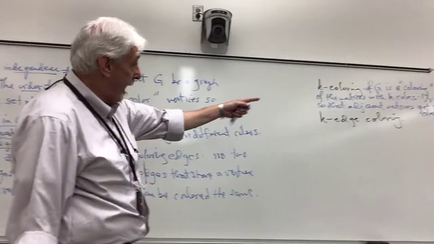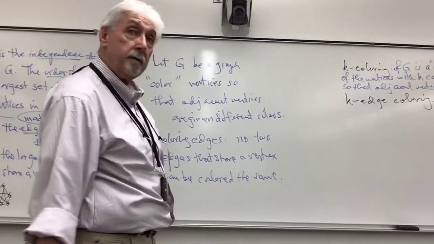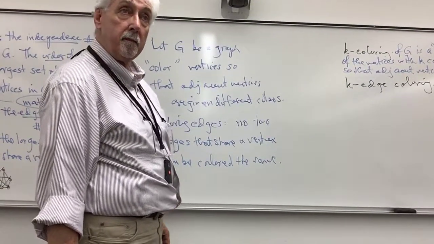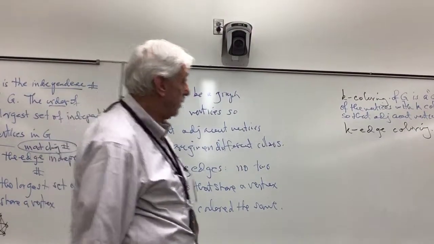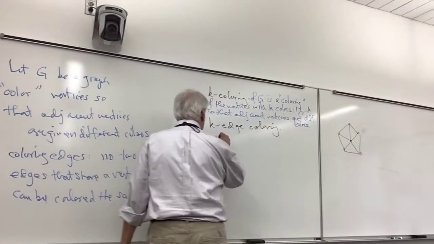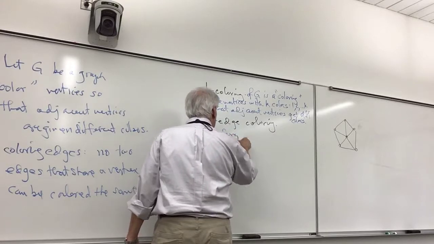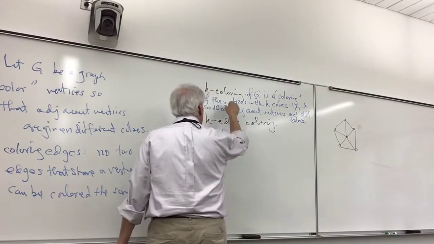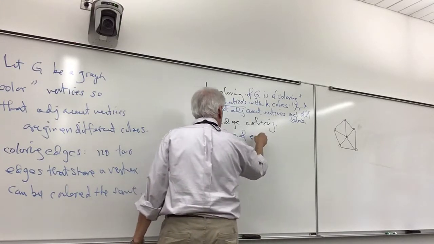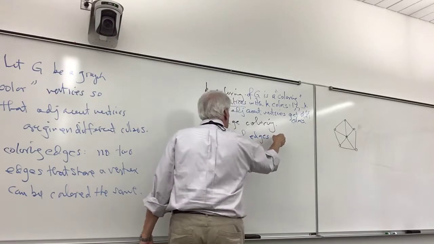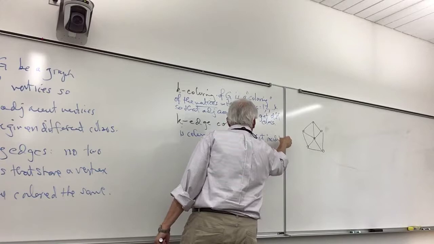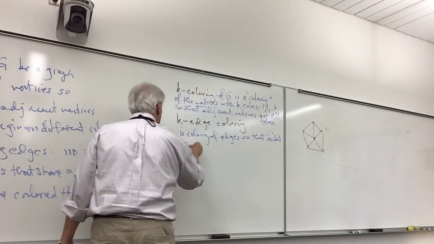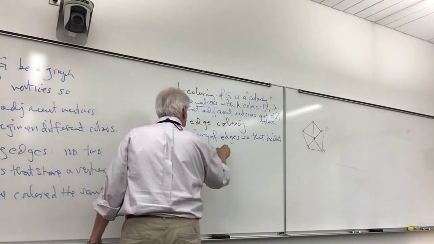So if you had to guess, a K edge coloring of G is a coloring of the edges so that incident edges are assigned different colors.